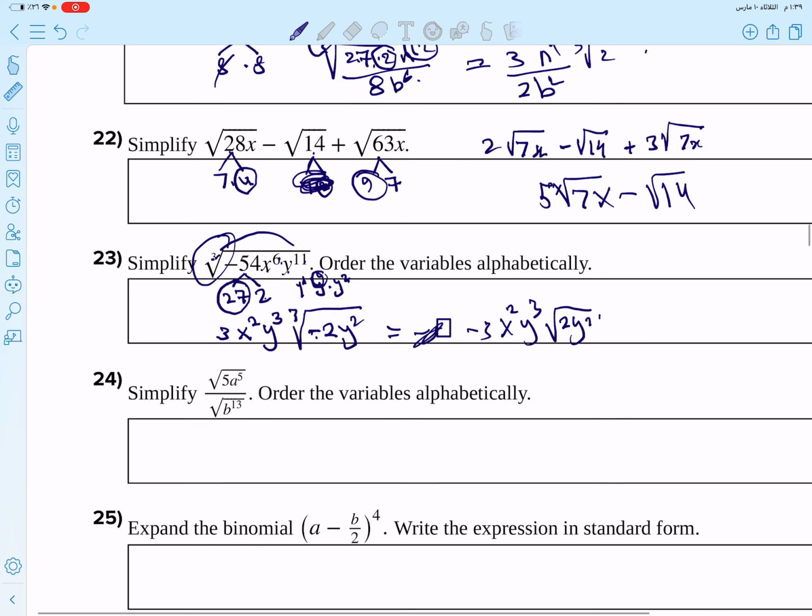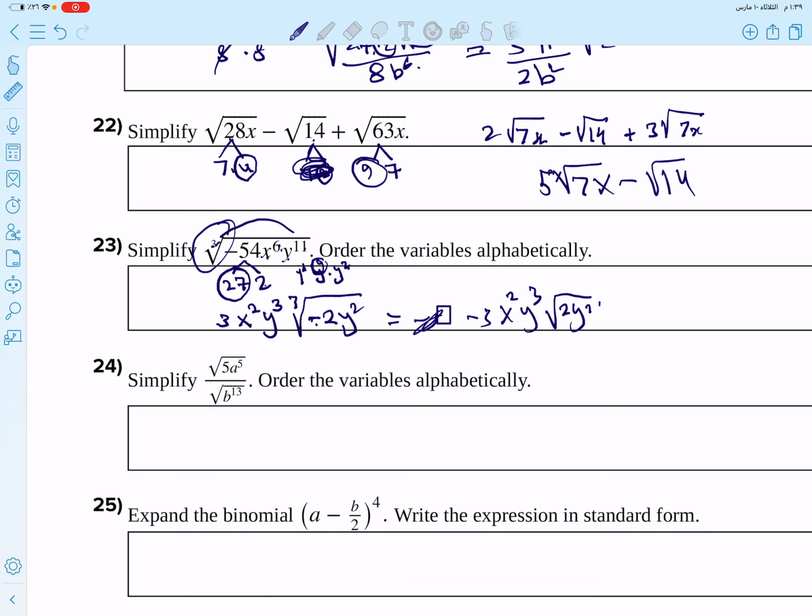The next one, I have 5a to the power 5. Look, a to the power 5, I can write a to the power 4 and a. Now 4 divided by 2, index 2. So I have a to the power 2 outside. And 5a, about the denominator here, I have 13 divided by 2.